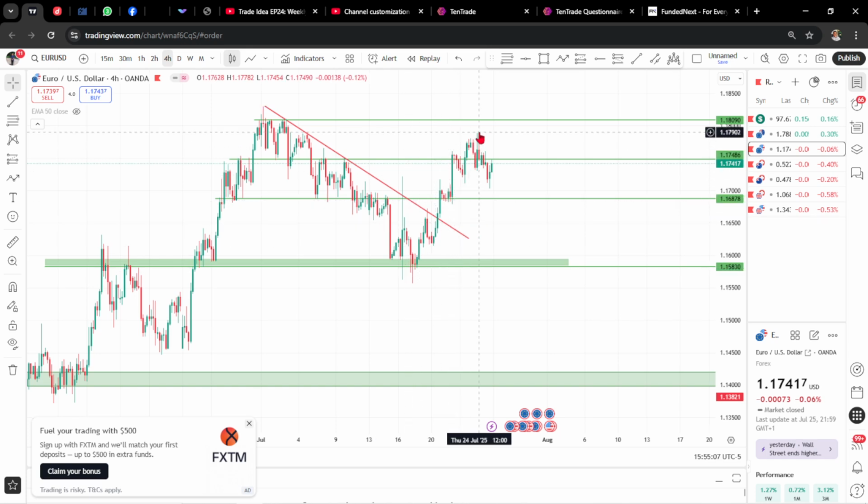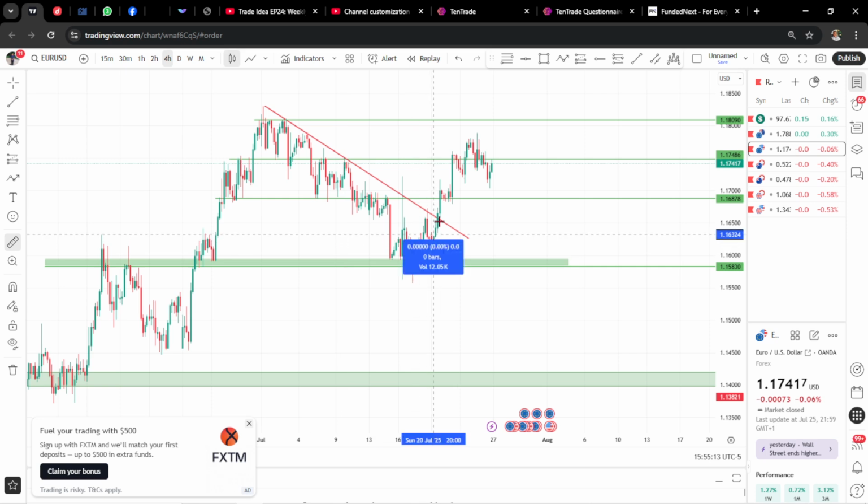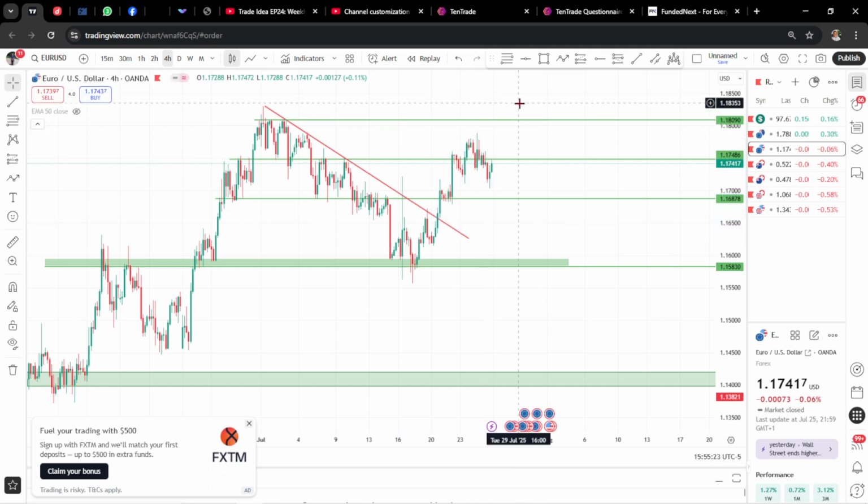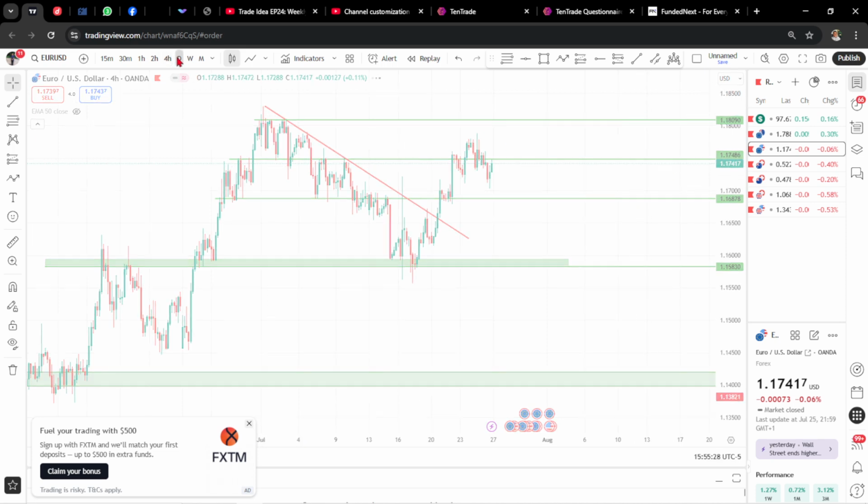You can see the maximum peak, the market went up over 150 pips, but I couldn't find an entry point to follow the trend, so I just let it slide. So now I don't know what Euro USD is planning.